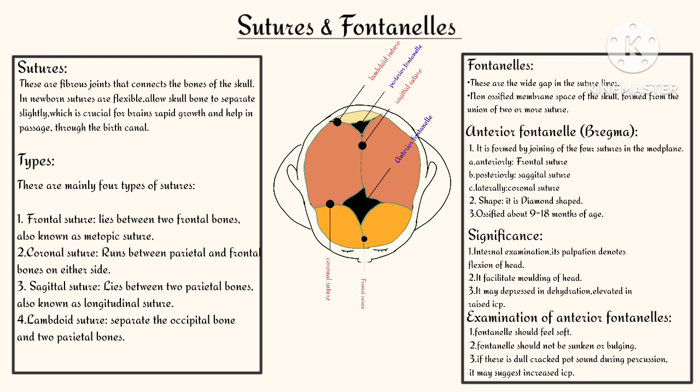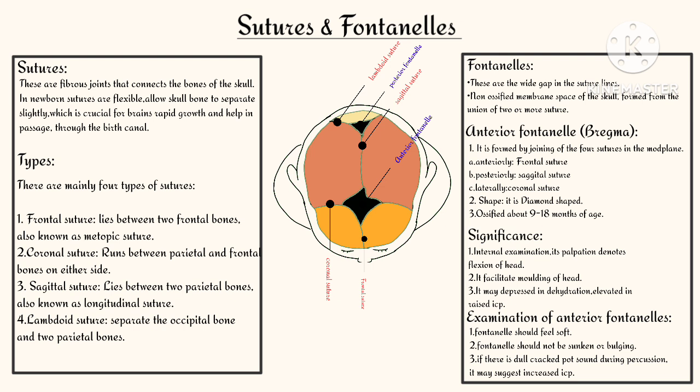Anterior fontanelle or bregma is formed by joining of the four sutures in the midline. These are anteriorly frontal suture, posteriorly sagittal suture, and laterally on either side there is coronal suture. It is diamond shaped. It is ossified about 9 to 18 months of age.